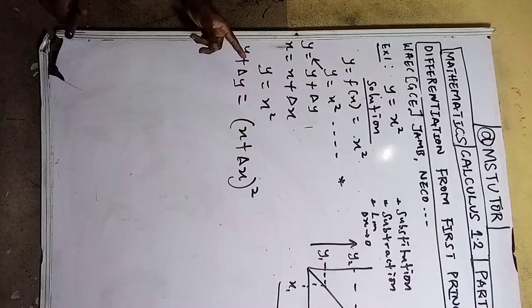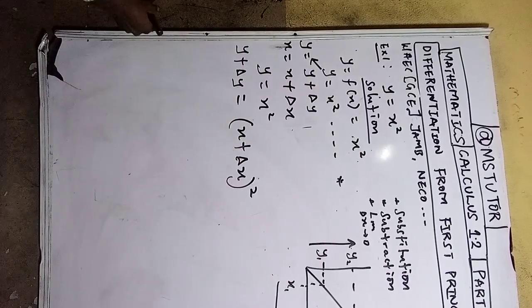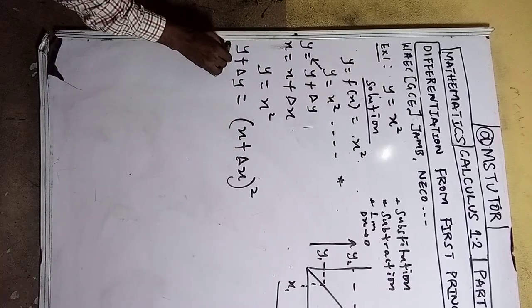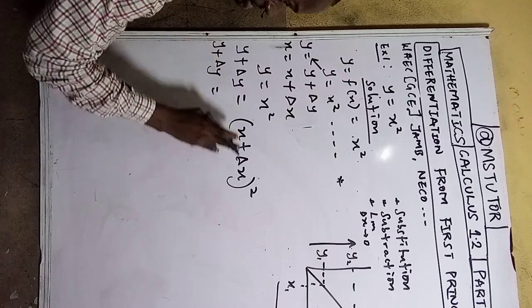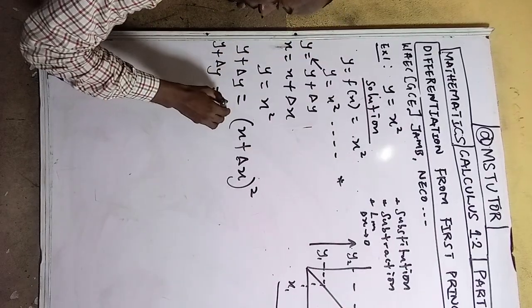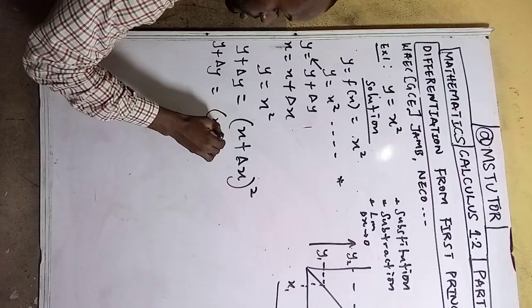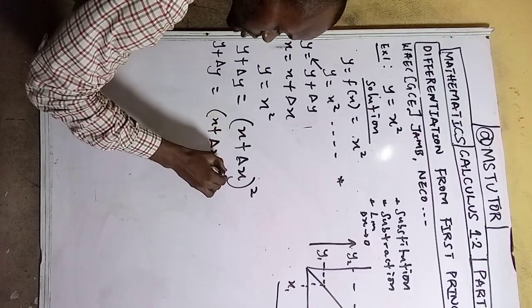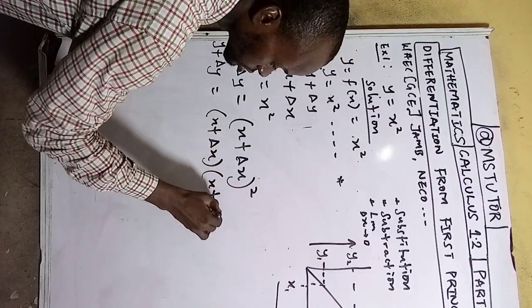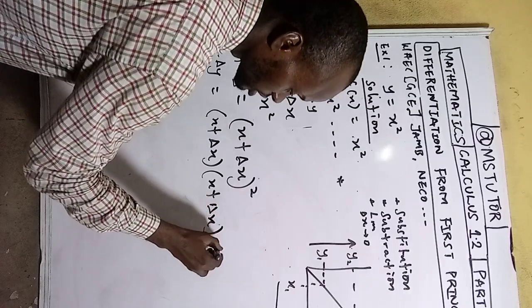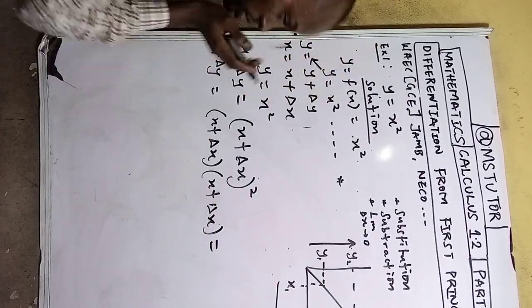So taking the expansion of this now, our y plus dy remains. When we take the expansion of this, what happens? That is x plus dx with x plus dx. So if we expand this, what am I going to get?